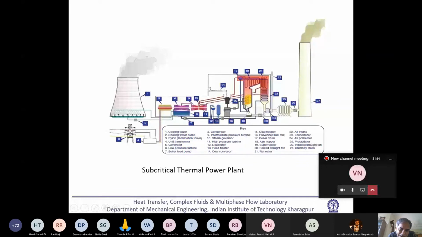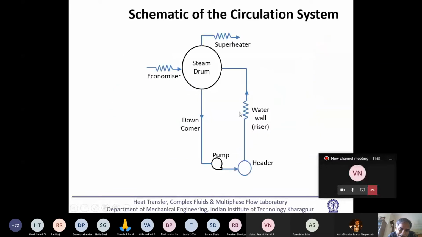So this I have shown in a better way, a schematic of the circulation system, in a subcooled boiler. This is one important thing. In the economizer, water is heated almost up to the saturation point. Then it comes to the steam drum. There is a loop like this, and there is a pump.